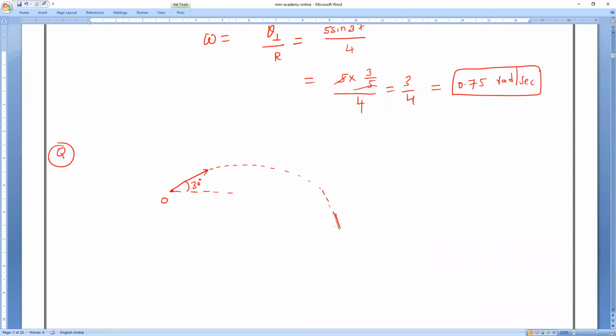So it will fall like this. Now as it is falling, the body is projected with 10 meter per second. So we all know that if the thrown velocity is 10 meter per second, then before touching the ground also, how much will it be? Everybody. It will be 10 meter per second. Am I right? Others, please respond.